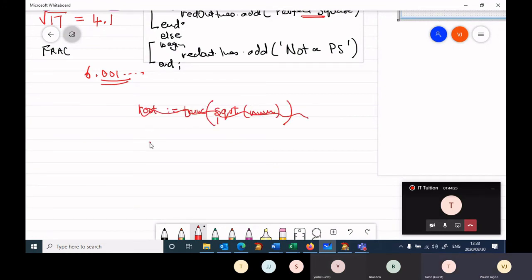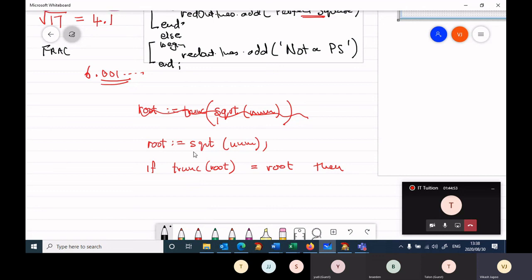I said root is equal to square root of number. If truncate root is equal to root, then perfect square. Right.